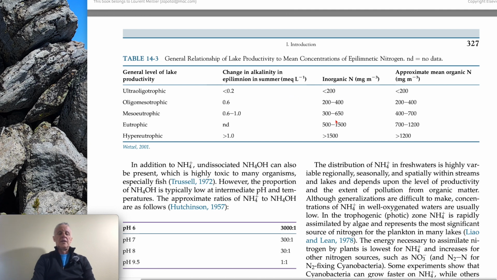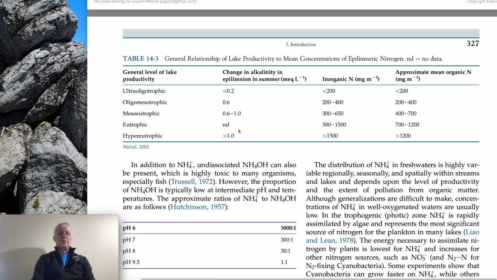The inorganic nitrogen is between 300 and 650 milligrams per meter cube, and the approximate mean of organic nitrogen is between 400 and 700. Eutrophic, no data for the change in alkalinity.